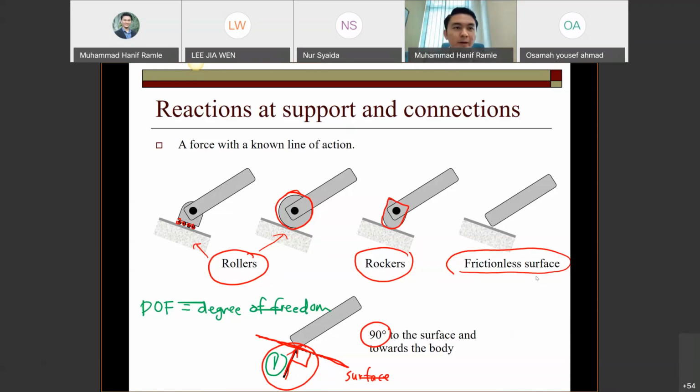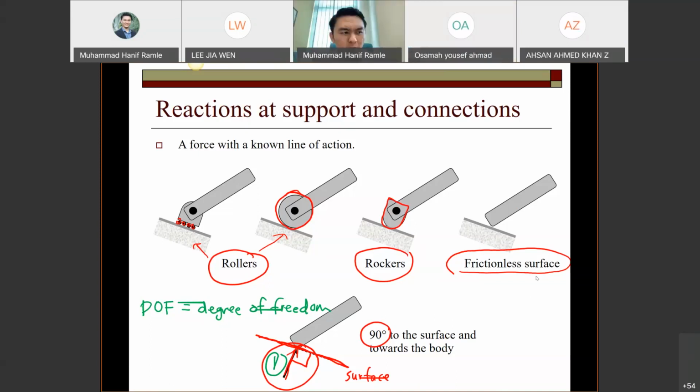Degree of freedom. Anyone can answer it? Is it error plus, minus error? No, it is not error. What is freedom actually?